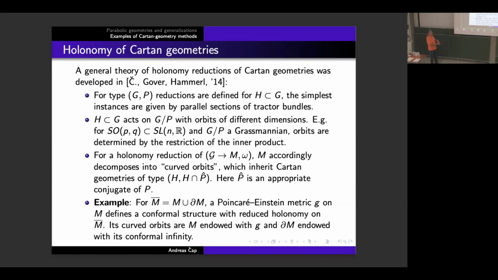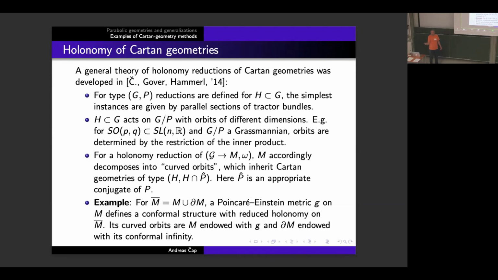Okay, so if you start with a Poincare-Einstein metric on M, then if you know things about tractors, a parallel section of the tractor bundle corresponds to an Einstein metric in the conformal class. So what actually happens is you get a conformal structure on all of M bar, and this conformal structure gets reduced holonomy.